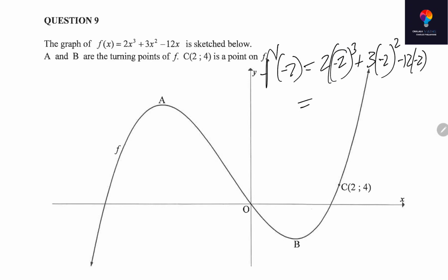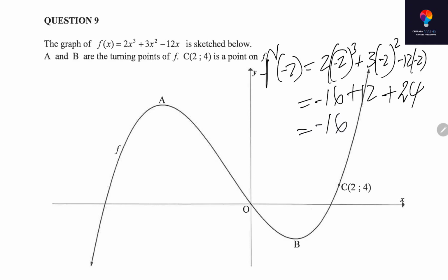This one, minus 2 to the power 3 is minus 8, multiplied by 2 is minus 16. This one, minus 2 to the power 2 is 4. 3 times 4 is going to give us 12. And then minus 12 multiplied by minus 2 is going to give us 24.